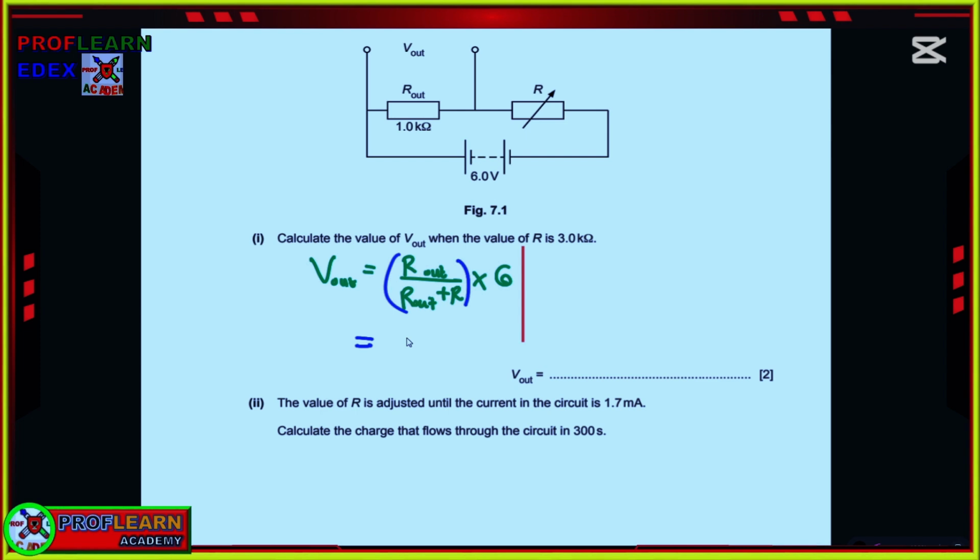Our V in is 6, and then this is going to be 1. V out is usually where you are removing the voltage. R out, you use the resistor where you are removing the voltage. So that's why we are going to say 1 over 1 plus 3, times 6, and that is going to be equals to 1.5.